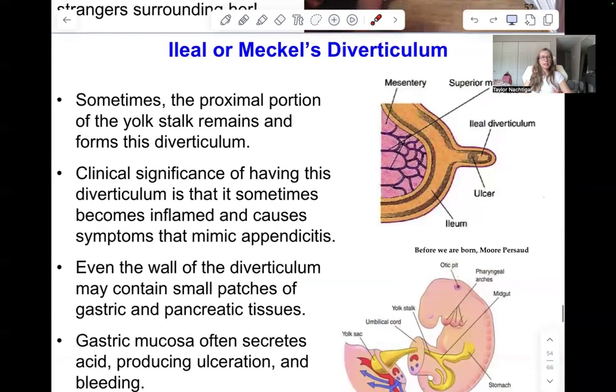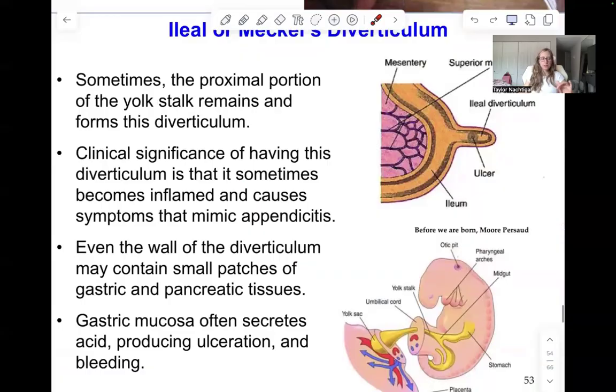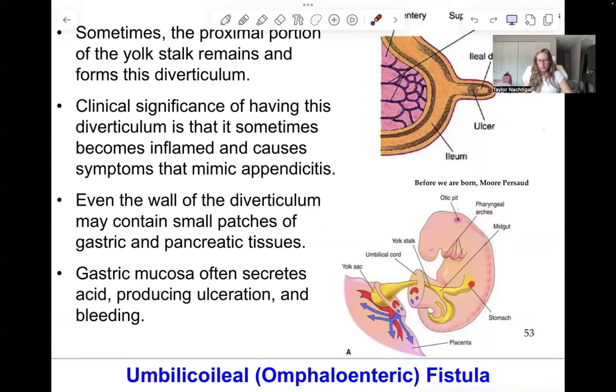Okay, Meckel's diverticulum. I brought this up multiple times. Sometimes what can happen is the proximal portion of the yolk sac remains and forms the diverticulum. That's illustrated here. We see the primordium of the alimentary canal. We don't see the stomach yet. We don't see the liver or the pancreas.